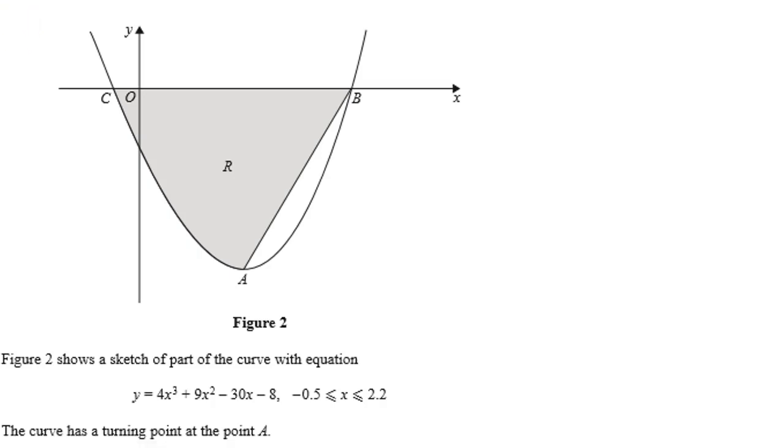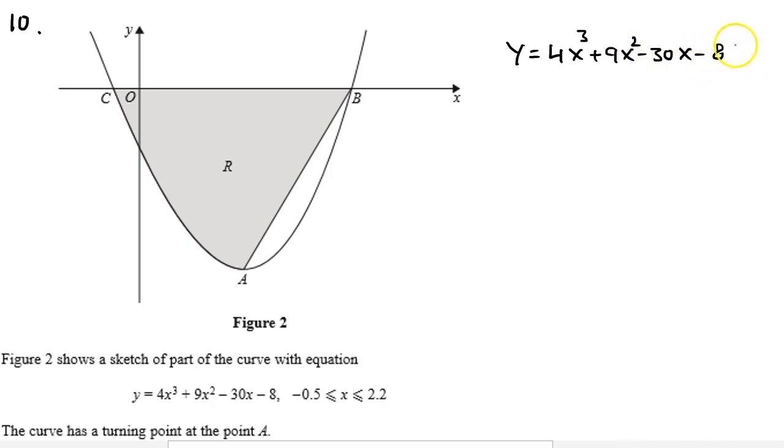Question number 10. This figure shows a sketch of part of the curve with equation y is equal to 4x cube plus 9x square minus 30x minus 8, where x is between 0.5 and 2.2.